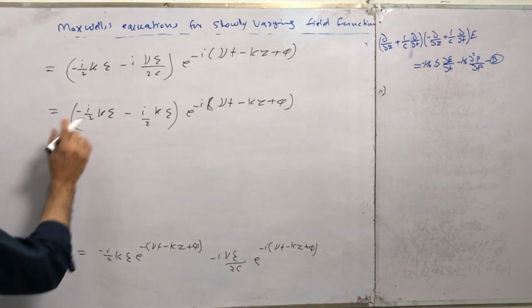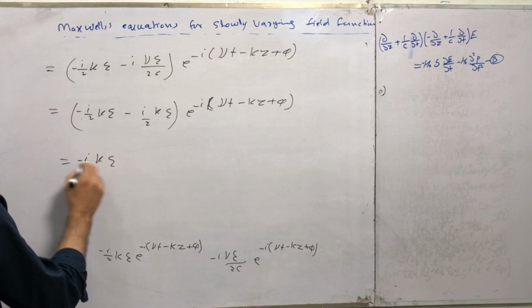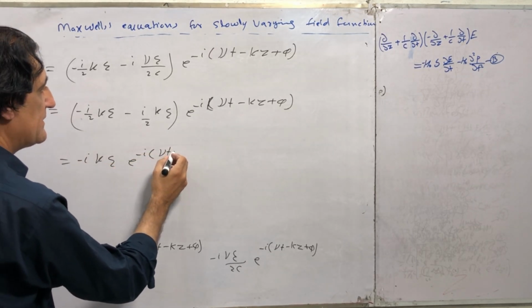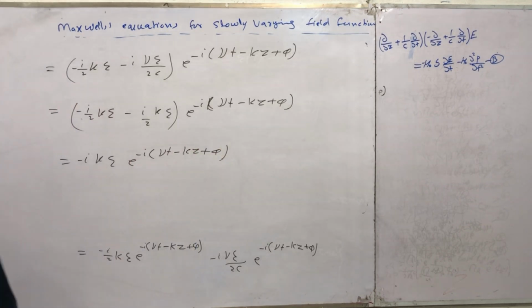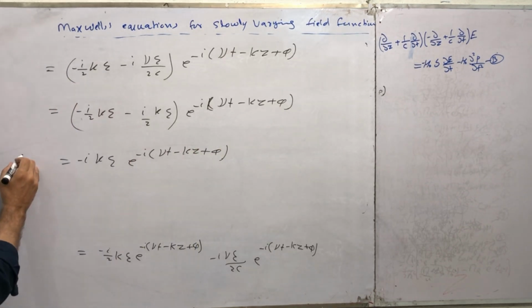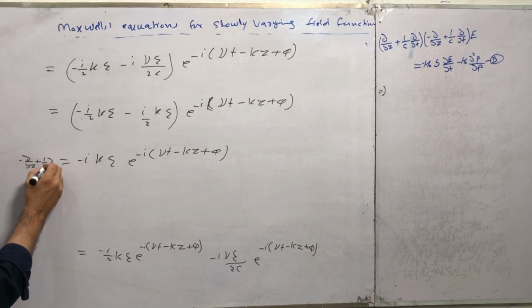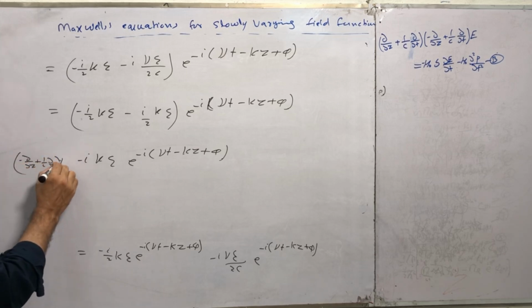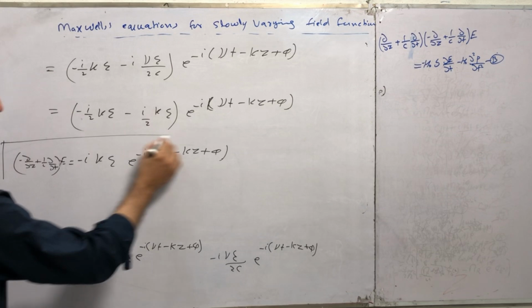And half, it means that iota k minus iota ke and e to the power minus iota nu t minus kz plus phi. So this is one part, minus partial divided by partial z plus 1 over c partial divided by partial t e, which is equal to this.